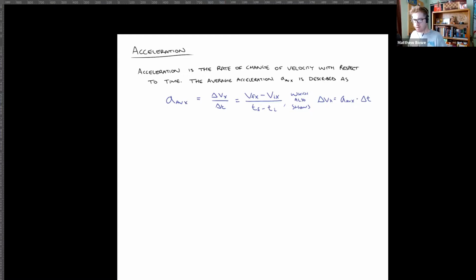Okay, so just like before, averages can be helpful in some instances. In some instances, maybe we want to be more specific. Maybe we want to know the acceleration at a given time. This is where we need to know instantaneous acceleration.